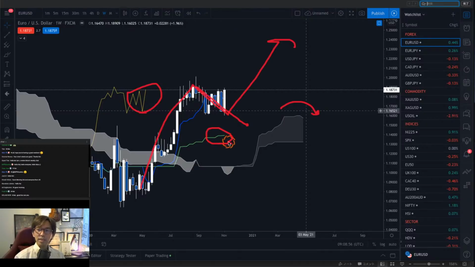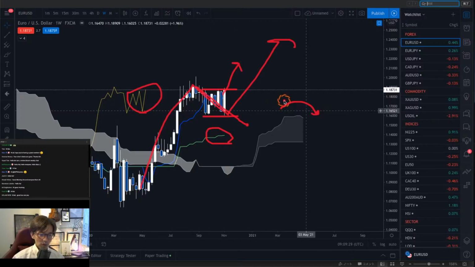That means the market is retracing, consolidating, so we want to wait for a decent uptrend in the future. How to capture the potential uptrend is shown by this engulfing structure I found. This bullish engulfing, and the market might go up afterwards. That's something we can expect based on the weekly chart.